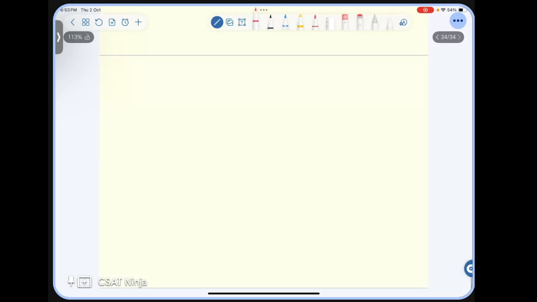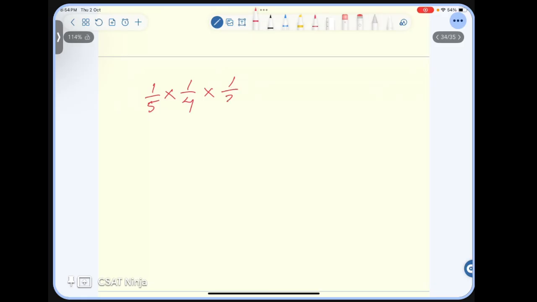I'll start directly: 1/5 of means 1/5 into 1/4 into 1/3 of the number. I don't know the number, so I'll use x. This equals 6123. We also find the number here. It's a very easy question, just multiplication only.